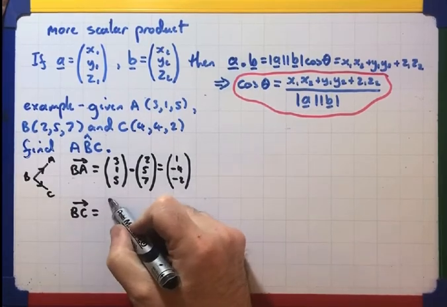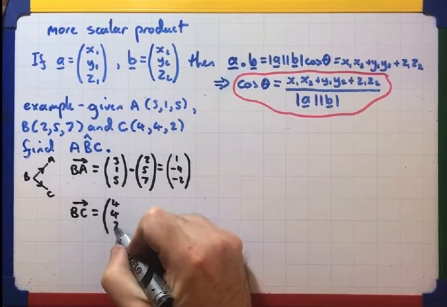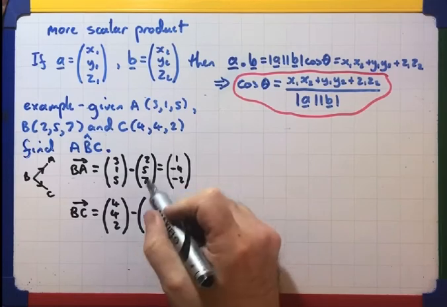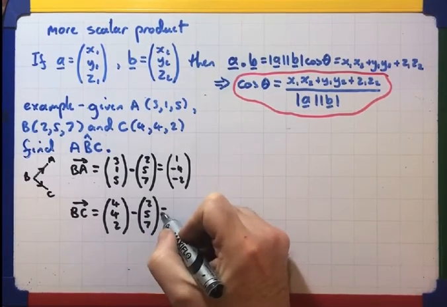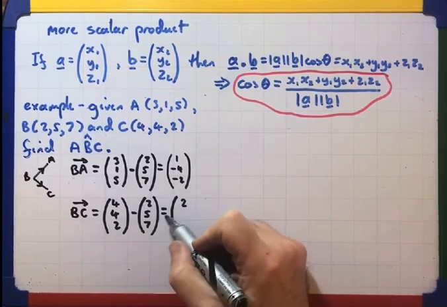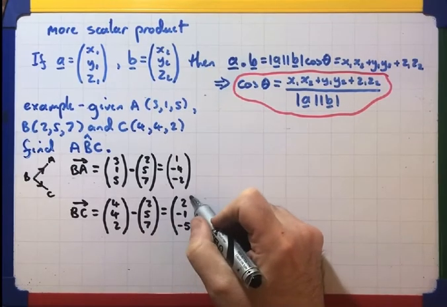BC, well, we take C, 4, 4, 2, take away B again, which is 2, 5, 7, giving us the vector 2, minus 1, minus 5.